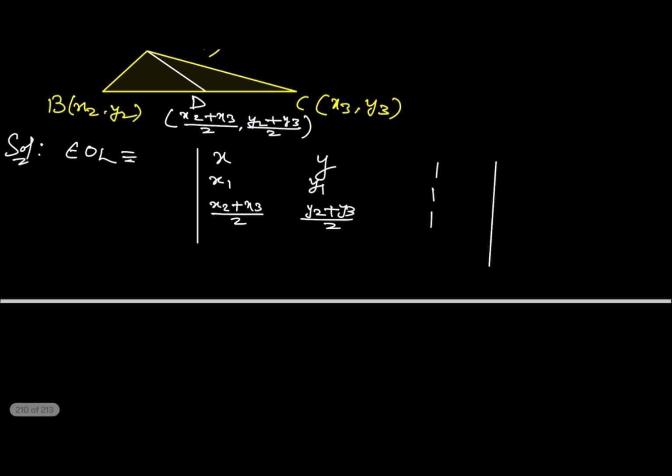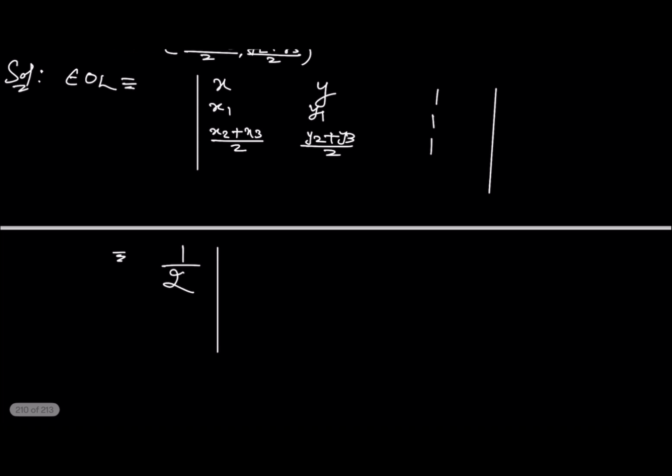If I take 1 by 2 common from row 3, then 1 by 2 will be outside, and this will be the determinant x y 1, x1 y1 1, x2 plus x3, y2 plus y3, and 2, and this 2 can be written as 1 plus 1.